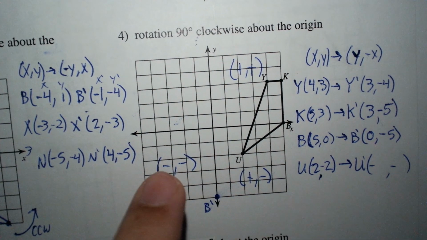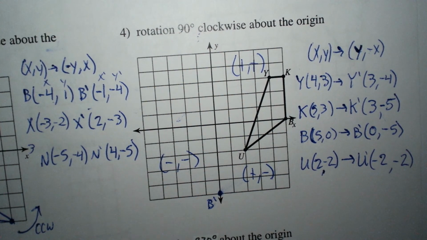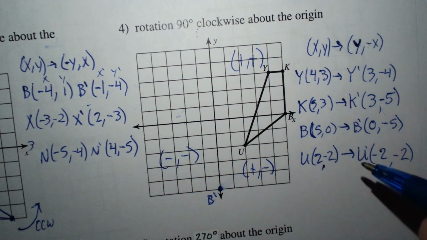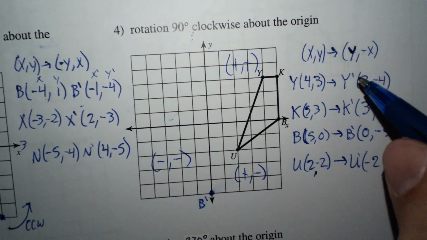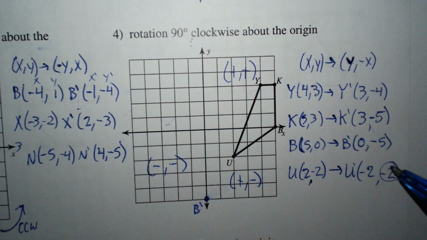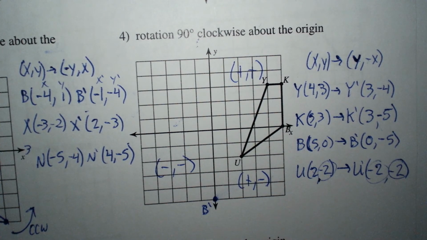Whenever I put it over here in this quadrant, it's still going to be negative 2, negative 2. And that's what's going to make it be where I need it to be over there. Okay, you could also do it this way up here. Your x is going to change to the opposite, which is what happened right there. Our y stayed the same right there. So that is 90-degree clockwise rotations.